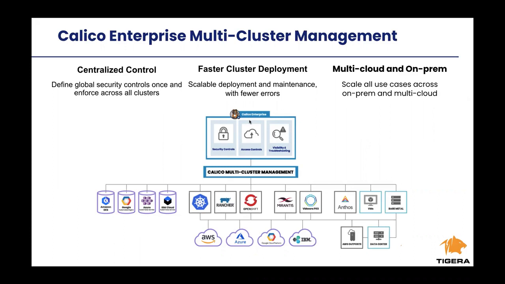All of those environments that you see here depicted across the different cloud providers and the hosted Kubernetes distributions, in addition to the managed Kubernetes distributions. Calico Enterprise Multi-Cluster Management works seamlessly in all of these environments. And it's a way to centralize control and to centrally manage the network security for your Kubernetes environments across one or all of these different environments.